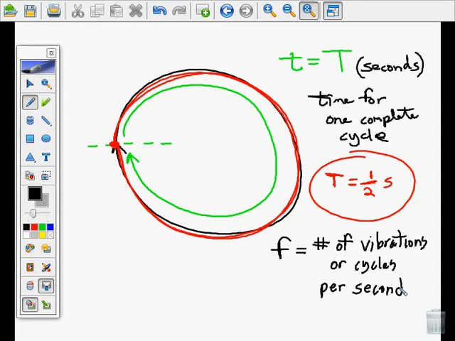In other words, the number of complete go-arounds you have in 1 second. Its units are cycles per second, which, to honor our guy's last name, is also called a hertz.